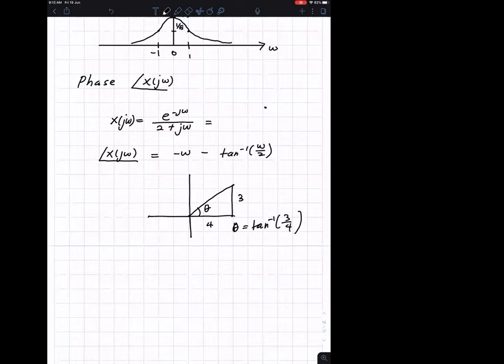If this is the imaginary axis, the imaginary axis is vertical, the real axis is horizontal. So when you want to find the angle, it's always going to be the vertical length divided by the horizontal length, tangent inverse of that.